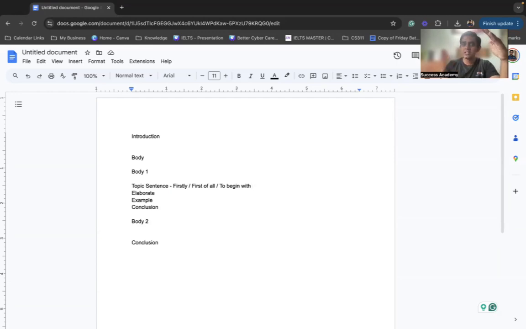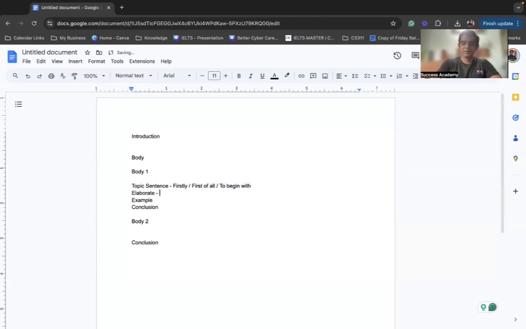So it's all about connectivity. So you say, okay, firstly, this is the sentence I'm going to write. You indicate that very clearly, so when the examiner sees your answer, he immediately knows, okay, this is the first one, firstly, to begin with. Do you get what I mean?